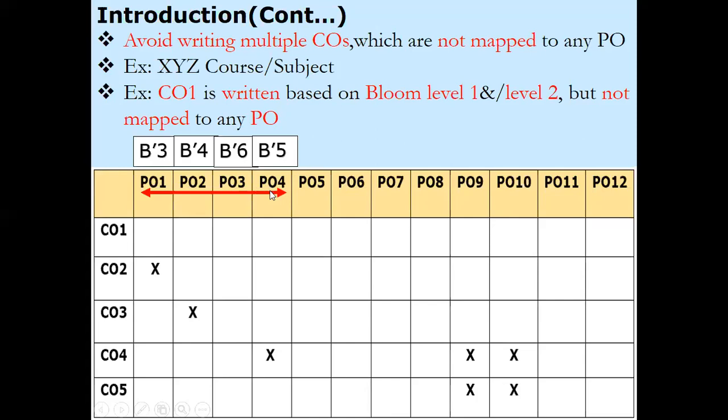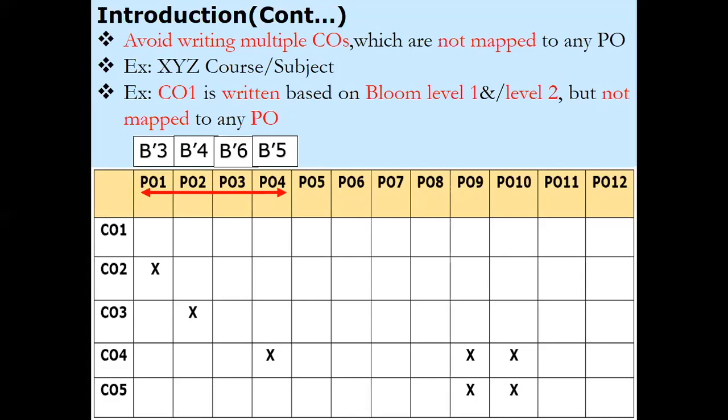That's why what I want to say is that, for example, CO4 is already mapped to PO4. No need to map to PO1, PO2. PO4 mainly talks about the investigation skill. In terms of qualification, I will say a PhD degree, in the sense of the highest degree.